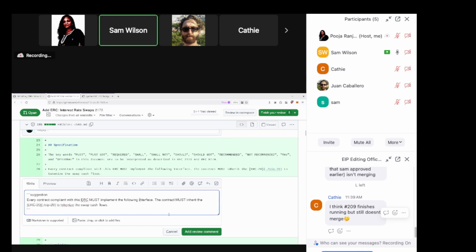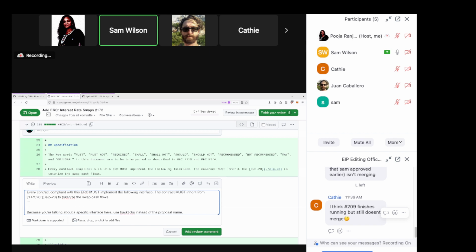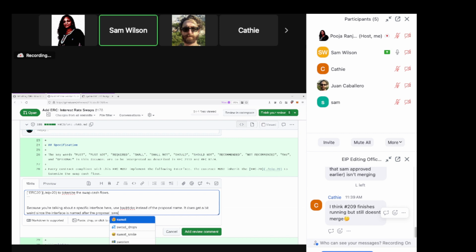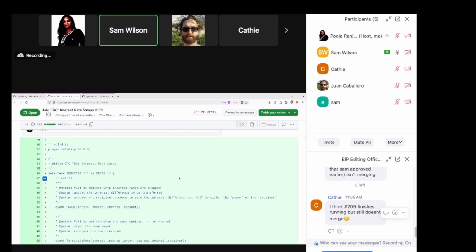The contract must inherit the ERC 20 from... Okay, interest rate swaps, ERC 20.